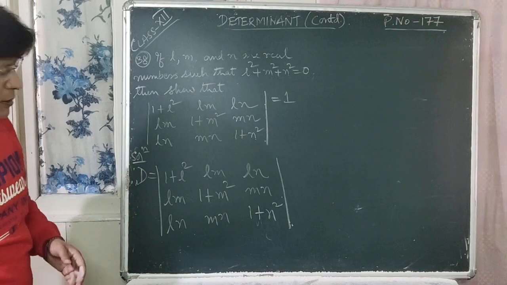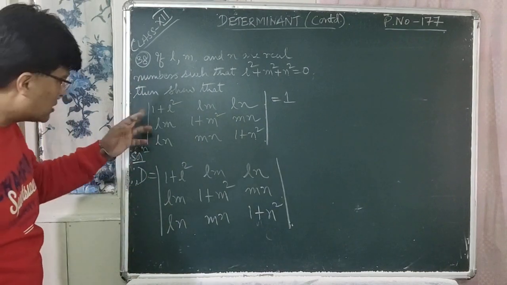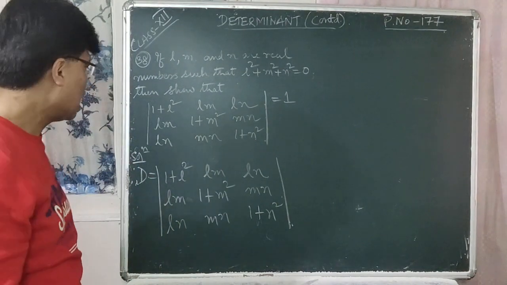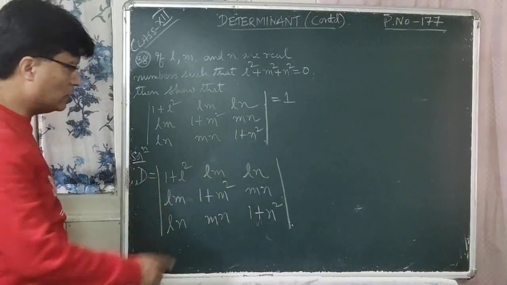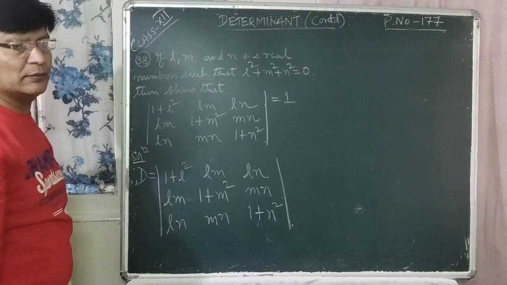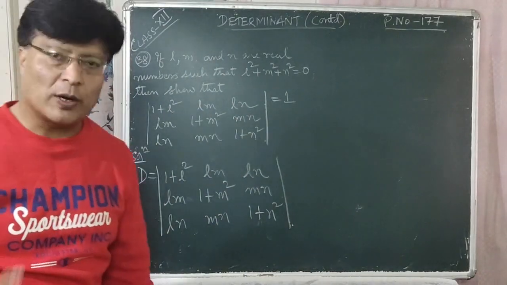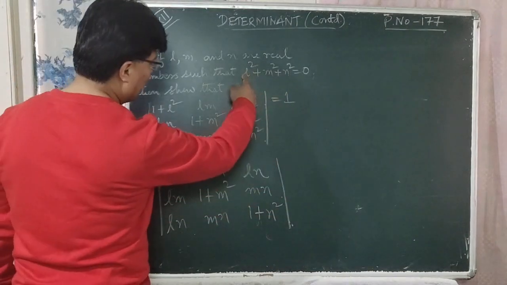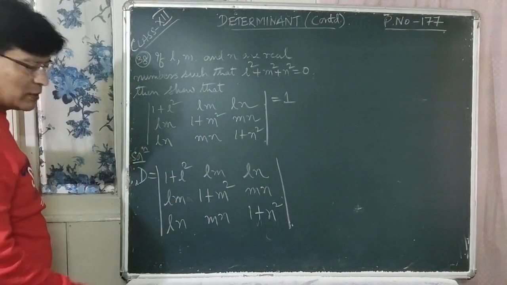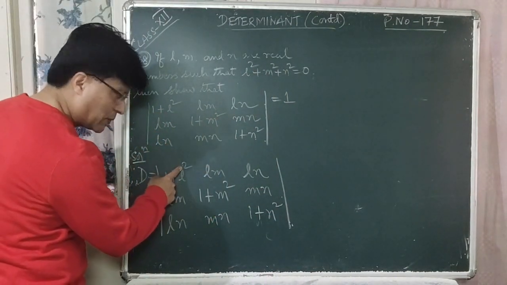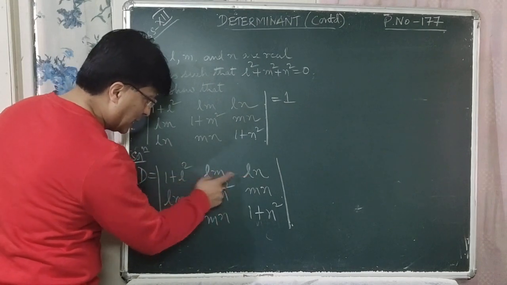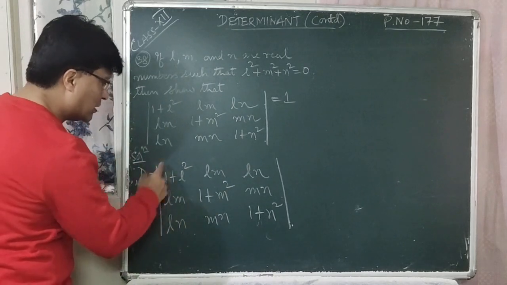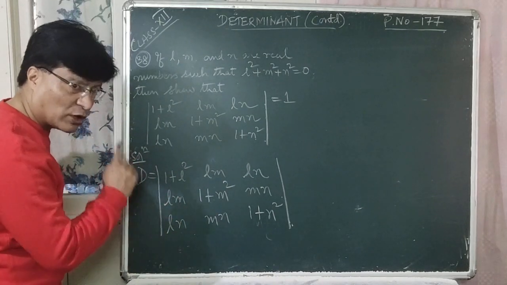So let us prove it. This is the solution. Let D be equal to this left hand side, this third order determinant. So how can you simplify this determinant now? You should have l square, m square, n square, isn't it? Since this is l times l, you can make it l square in the first row, or you may do it in the first column also.